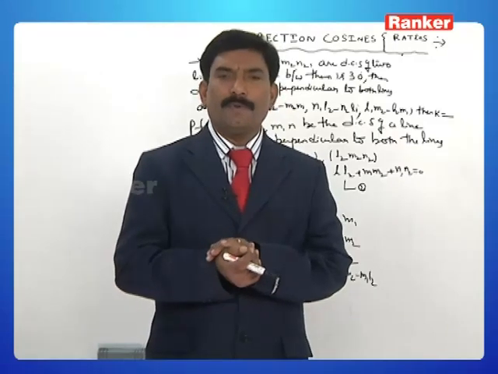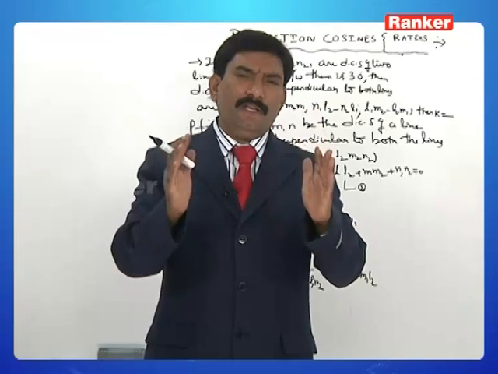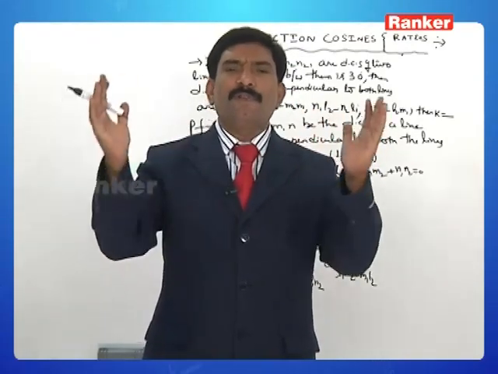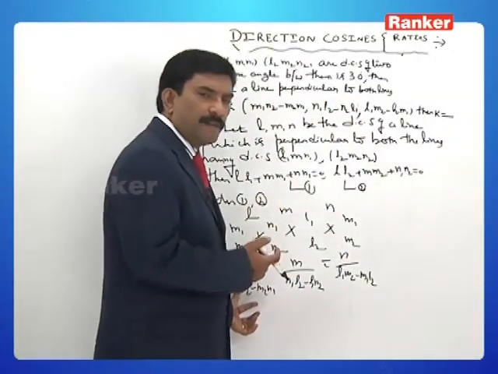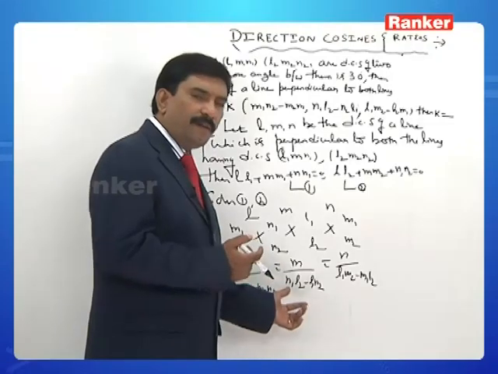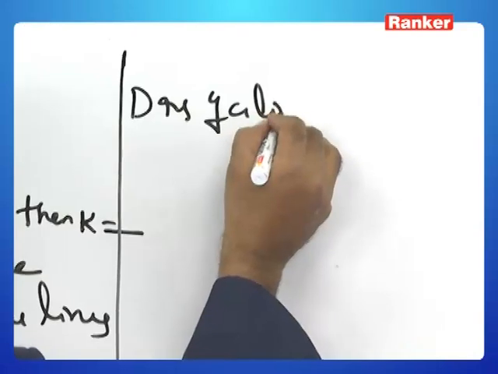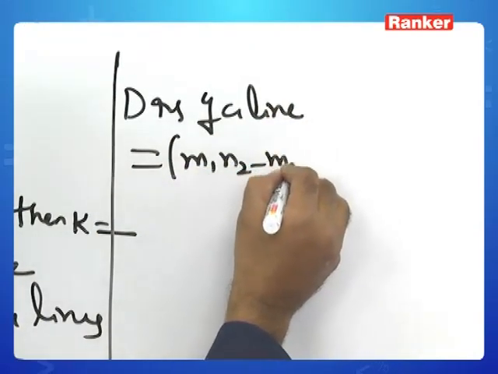As I told, any three real numbers are said to be direction ratios of a line if they are proportional to the direction cosines. So the quantities under the denominator are not DCs, they are DRs.